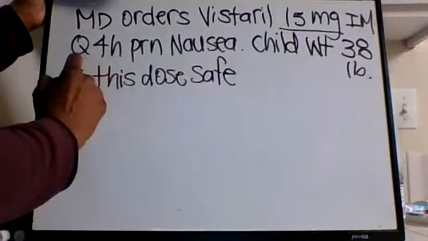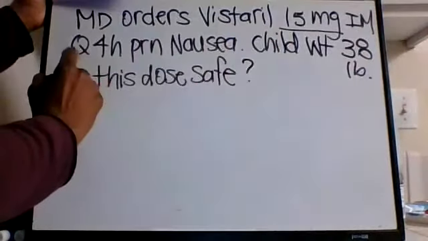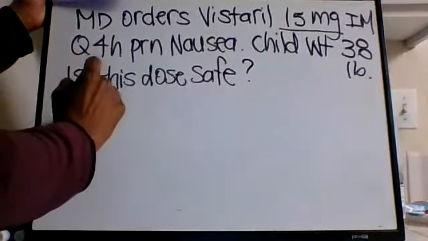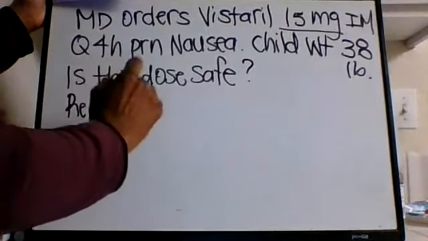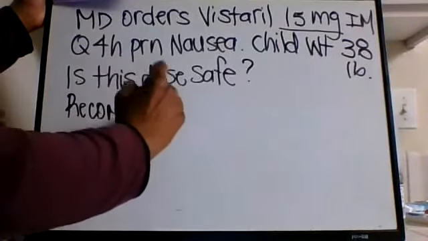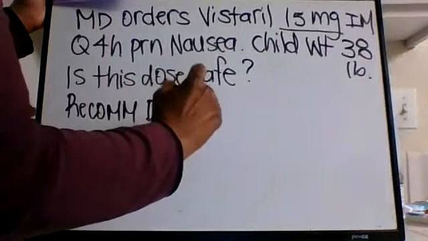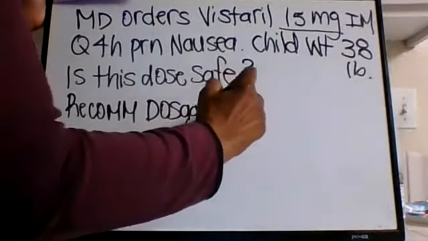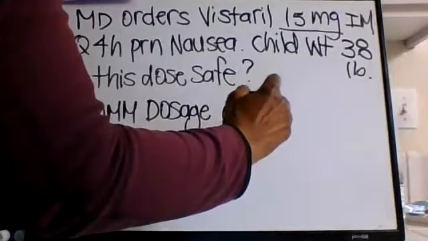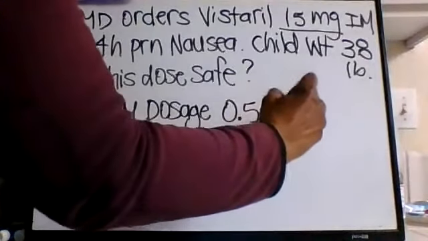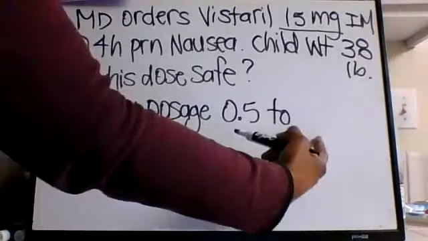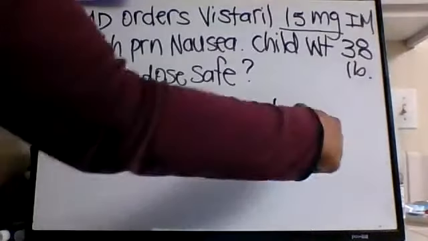All right, the recommended dosage. Remember, it's always going to give you the recommended dose. I'm just going to abbreviate for sake of board space. The recommended dose is 0.5 to 1 milligram per kilogram per dose. Now this is a range, so this is the recommended dose range.